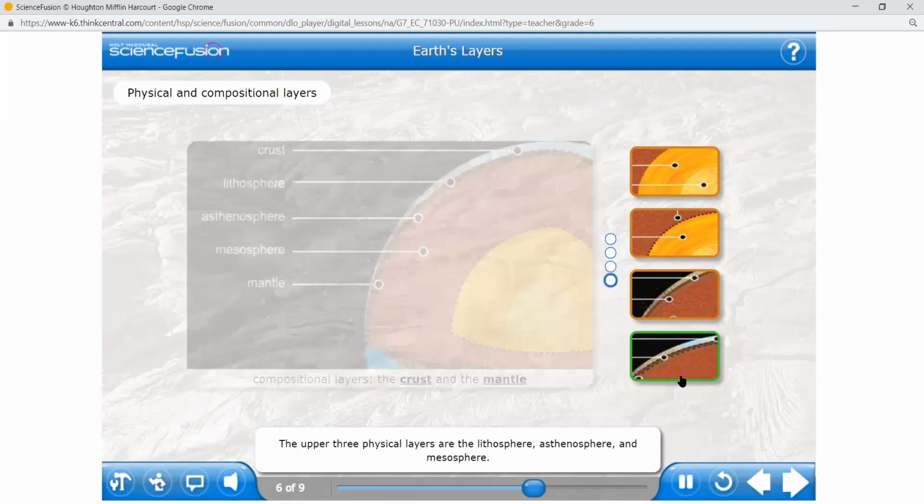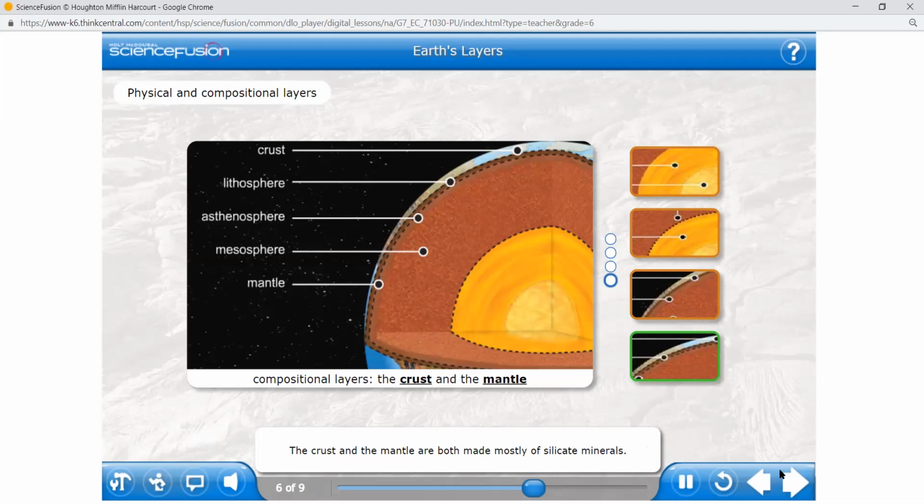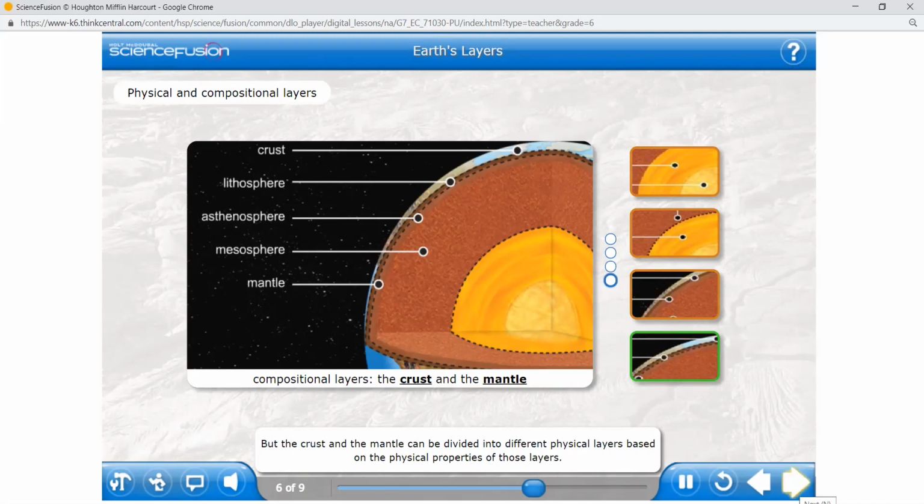The lithosphere, asthenosphere, and mesosphere describe the same parts of Earth that are also called the mantle and the crust. The crust and the mantle are both made mostly of silicate minerals. But the crust and the mantle can be divided into different physical layers based on the physical properties of those layers.